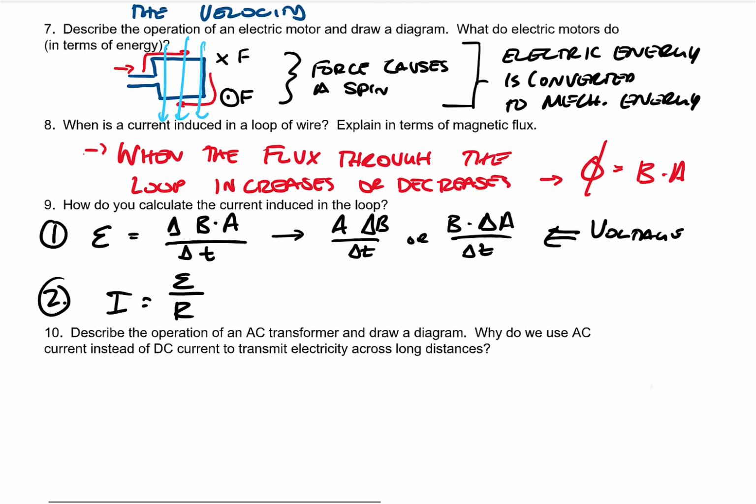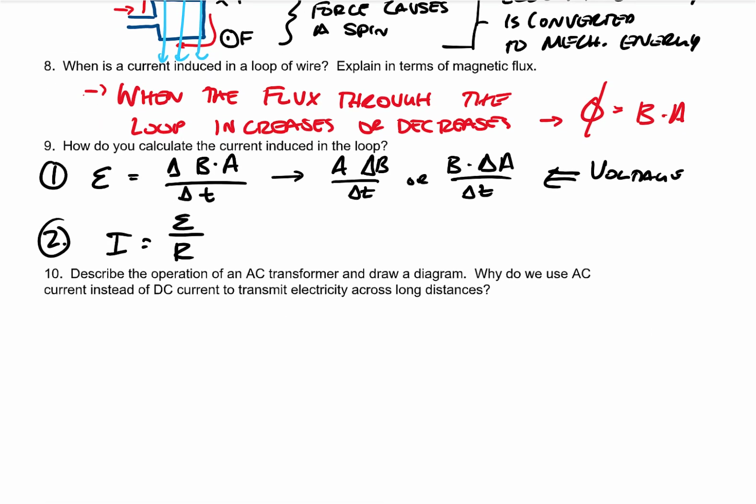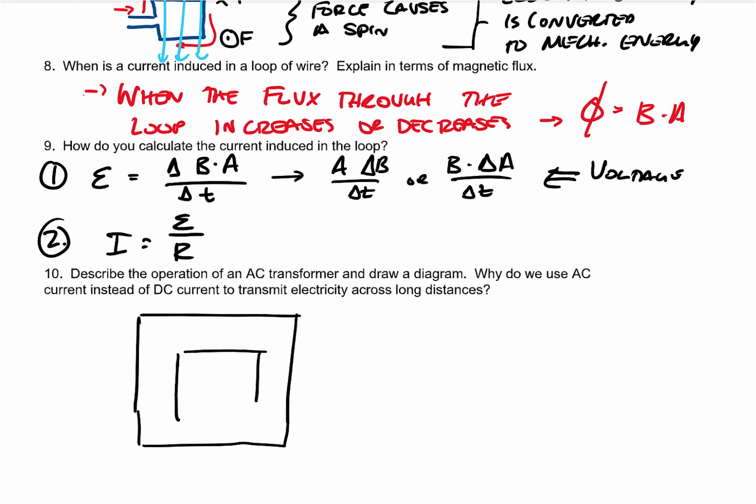Describe the operation of an AC transformer. Draw a diagram. Why do we use AC current instead of DC current to transmit electricity? We'll talk about that. All right, so for our transformer, you have this block of metal. And on one side of the block of metal, you have a current carrying wire.